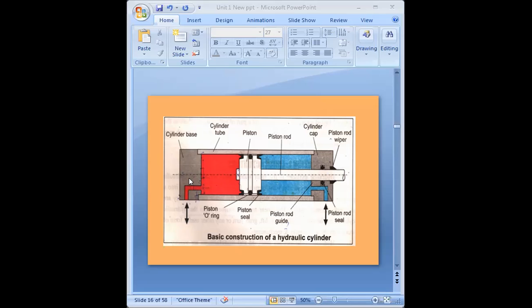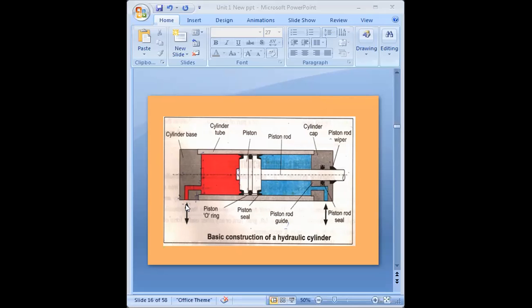You can take fluid in or let the fluid out from this port. Likewise, here also we have a port which can be connected to the piping. You can see the red side and this bluish side; the arrows shown indicate the ports.